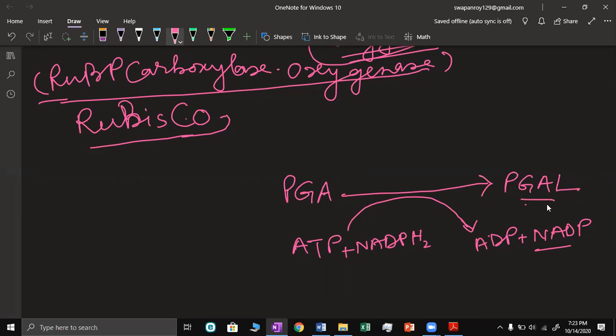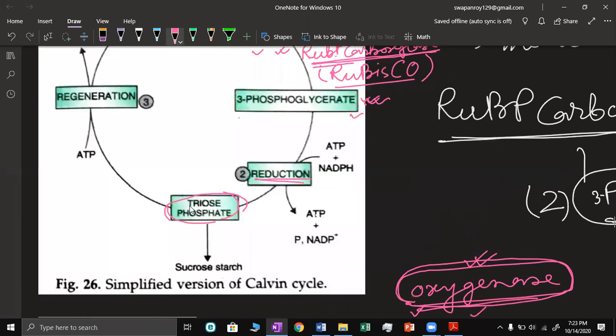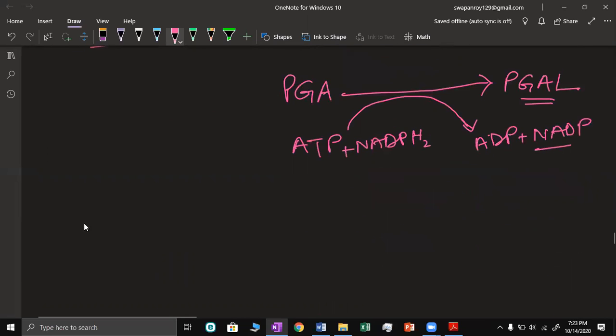Here it is written as a triose phosphate. Triose means, in carbohydrates there are several types. Carbohydrates are grouped into monosaccharides, oligosaccharides, and polysaccharides.